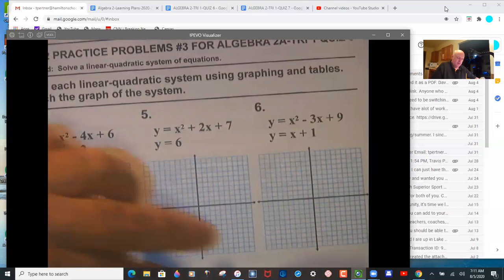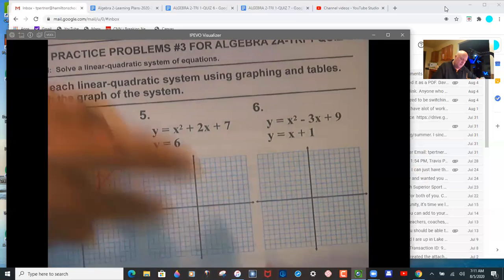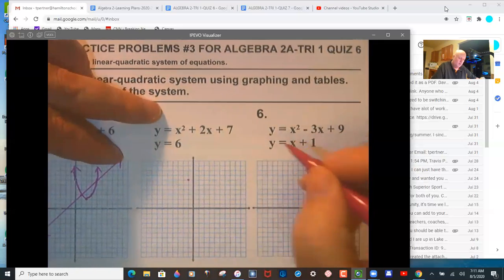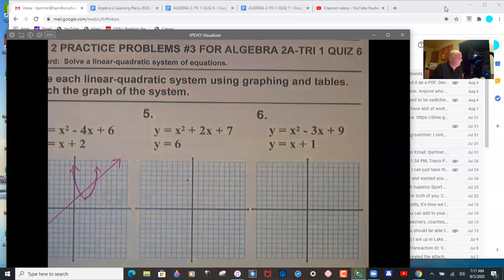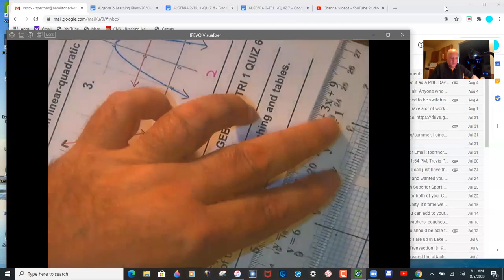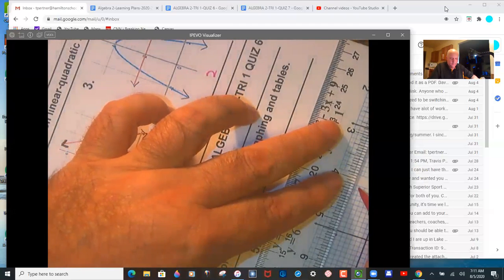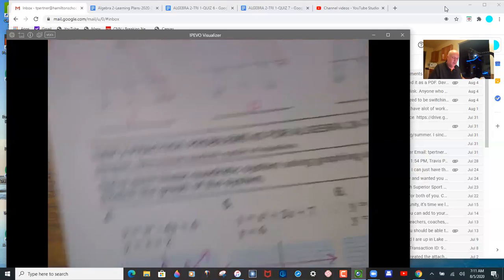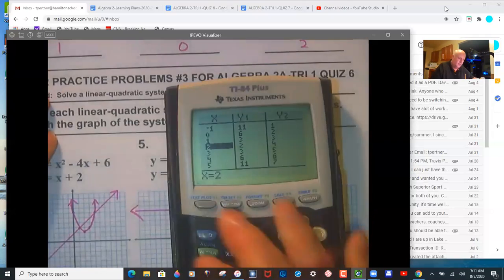Number 5, (-1, 6) is the lone point. And so y equals 6 is the horizontal line. You can have vertical lines also, but I chose horizontal lines so that we can put them on the calculator.